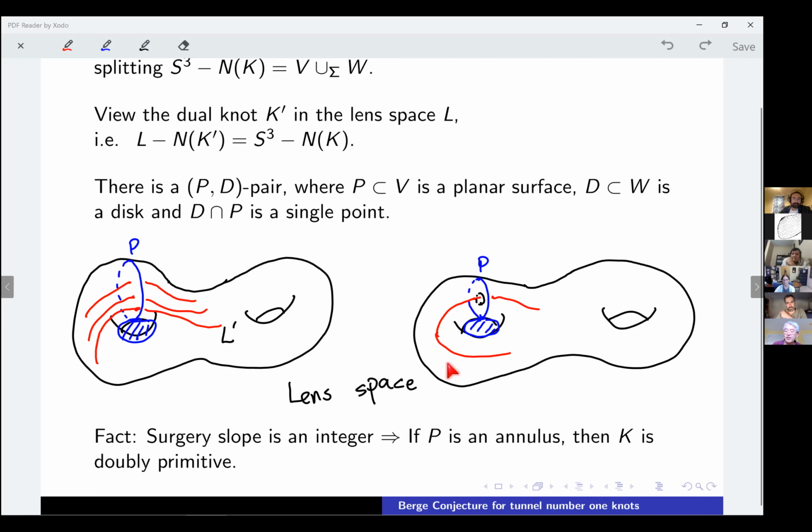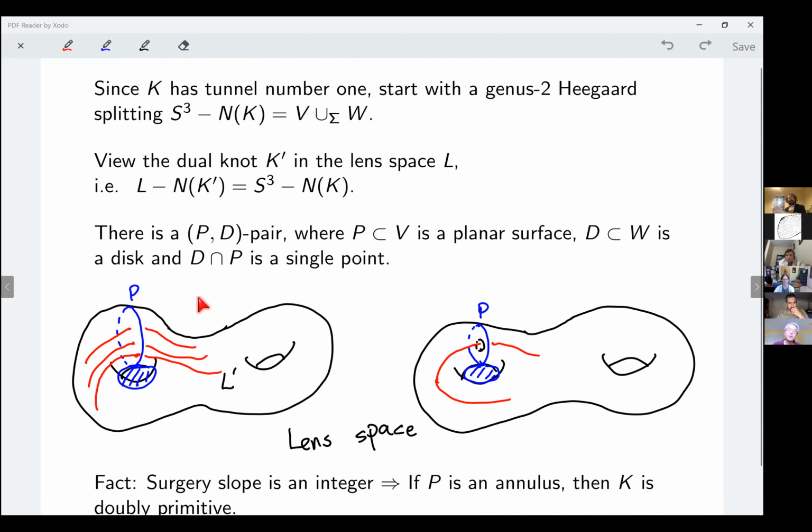But because this is the integer slope, this meridian for the knot in the lens space is actually isotopic to the knot. So that means there's going to be a primitive on the other side. So if P is an annulus, you automatically can prove that this is doubly primitive. So the starting point is let's start with this PD pair. Let's try to make P an annulus. If you can do that, then you prove this Berge conjecture for tunnel number 1 knots.